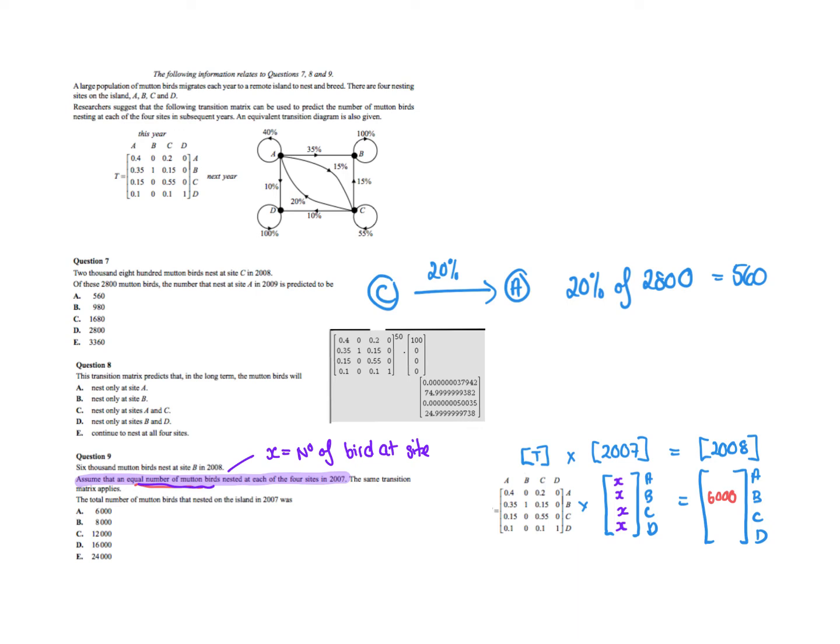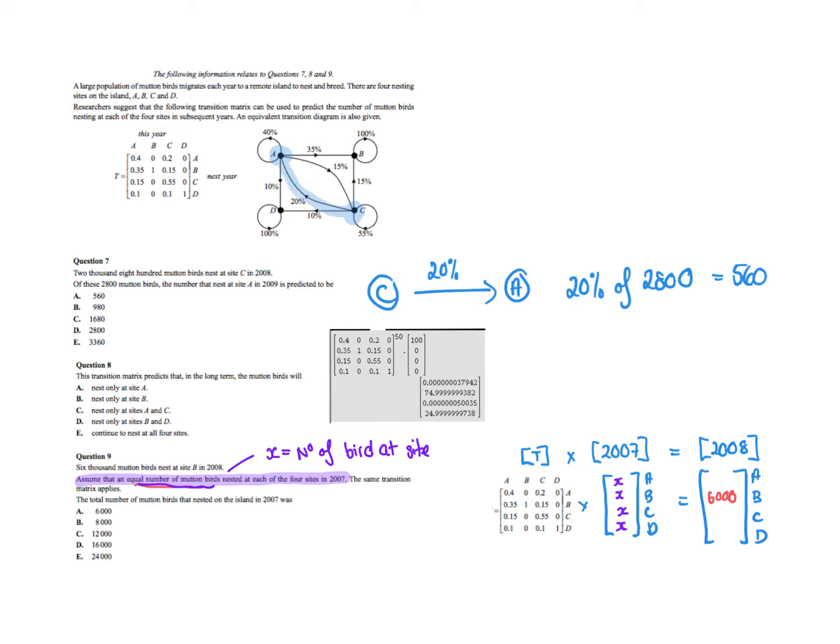2,800 mutton birds nest at Site C in 2008. Of these 2,800 mutton birds, the number that nest at Site A in 2009. So we want to know when we want to go from nest C to nest A. So if you look up, you can look on the diagram if you like.